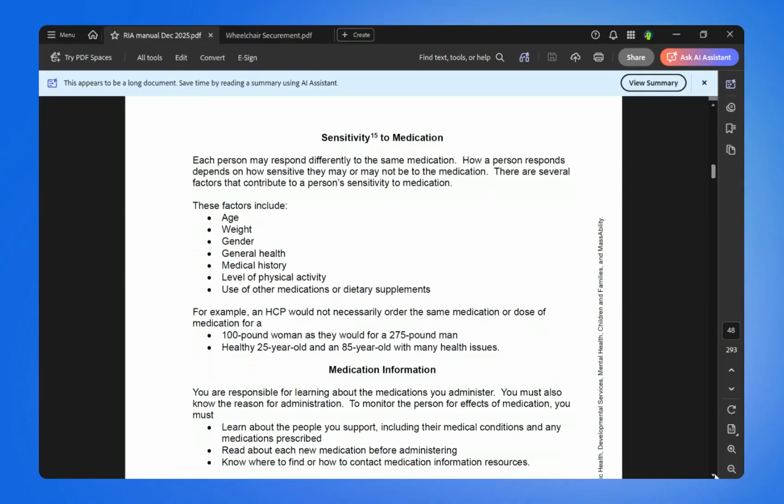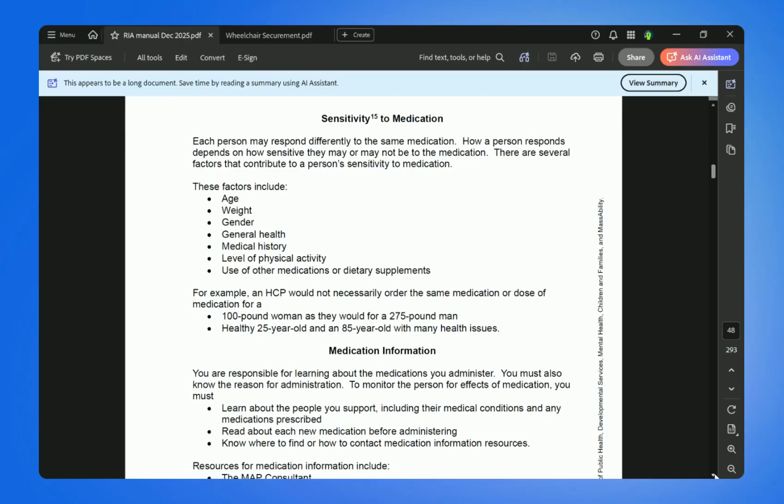Also note, some people have sensitivity to medication. Each person may respond differently to the same medication. How one person responds to a medication may not be the same as somebody else. So there are several factors that can contribute to a person's sensitivity to a medication.